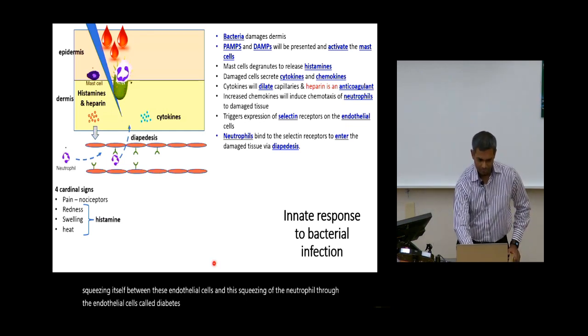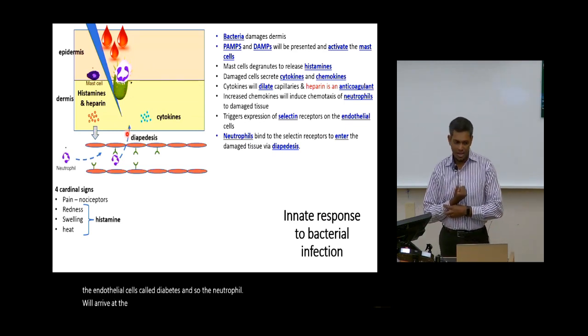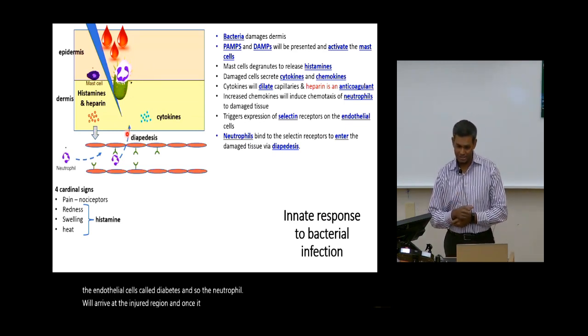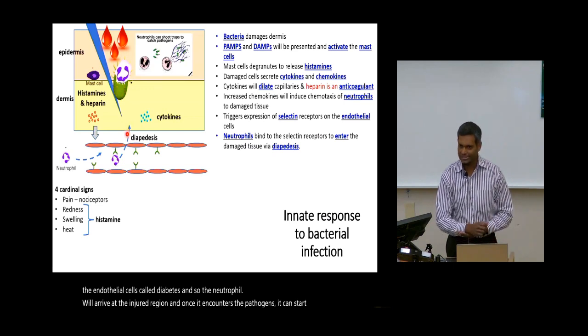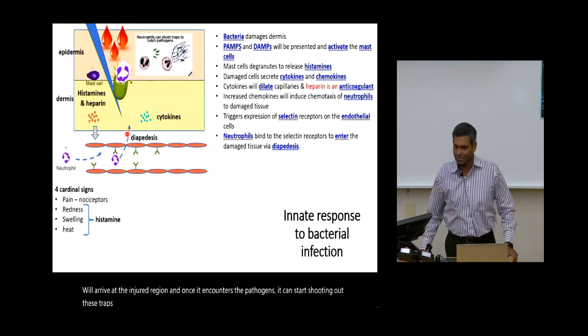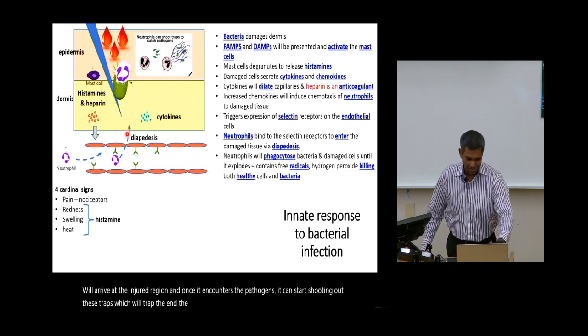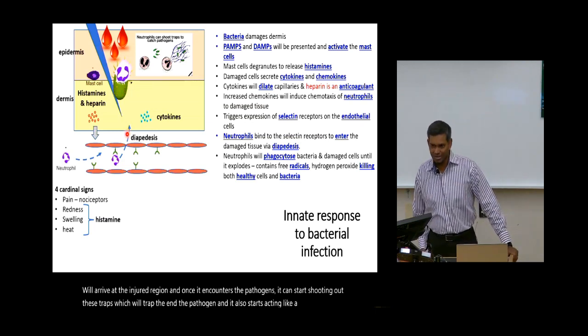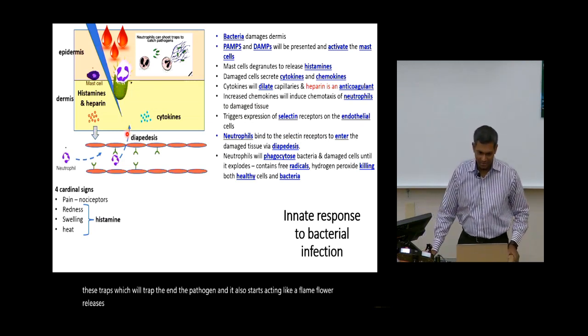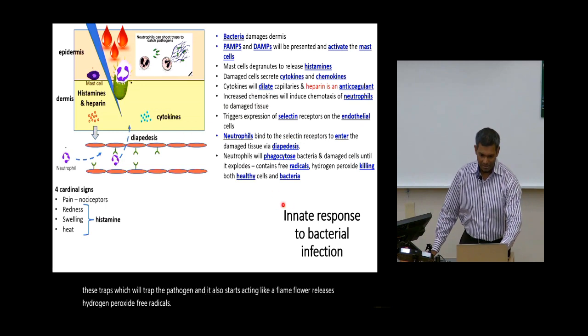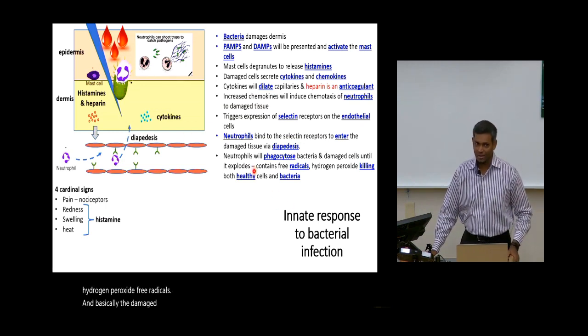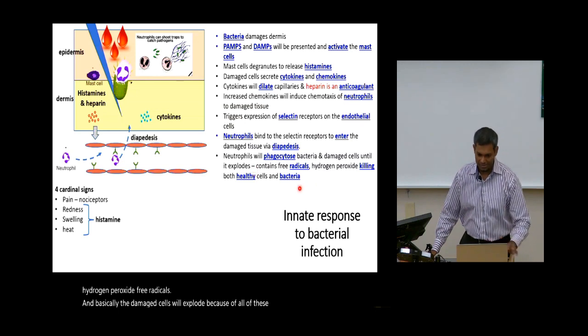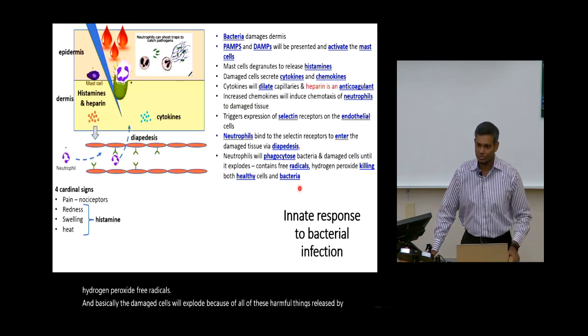And so the neutrophil will arrive at the injured region, and once it encounters the pathogens, it can start shooting out these traps which will trap the pathogen, and it also starts acting like a flamethrower. It releases hydrogen peroxide, free radicals, and basically the damaged cells will explode because of all of these harmful things released by the neutrophils.